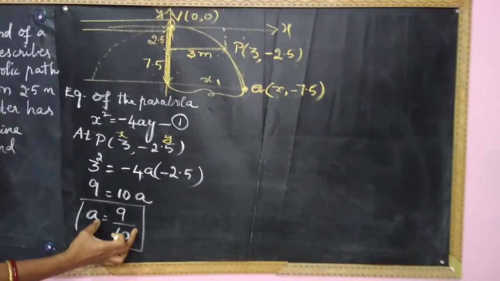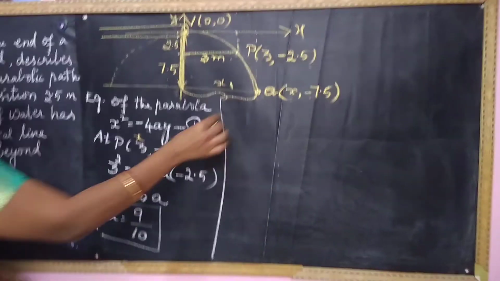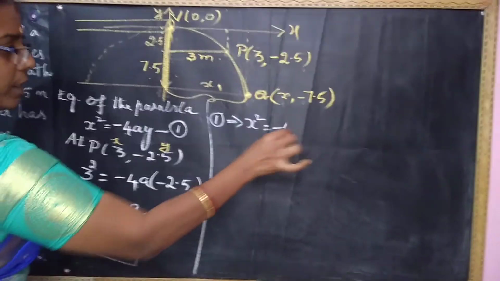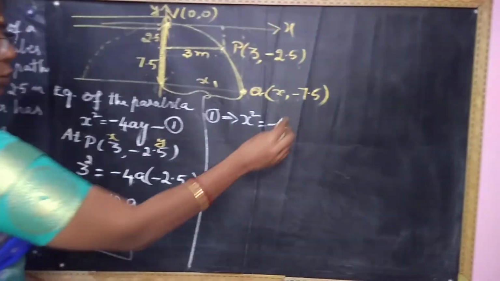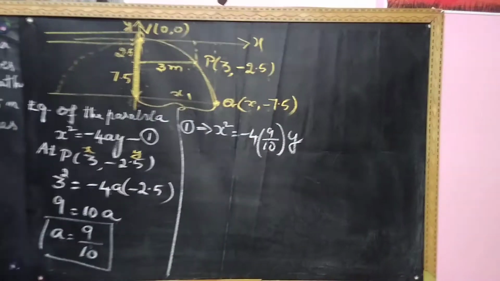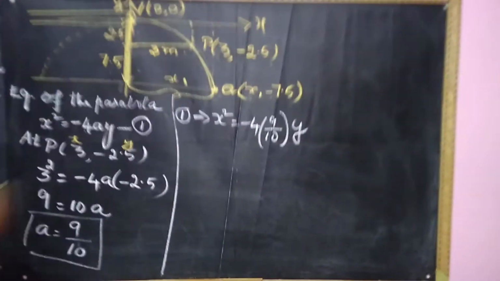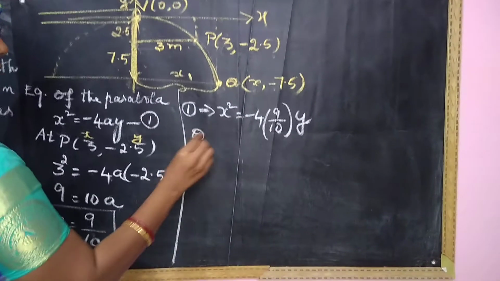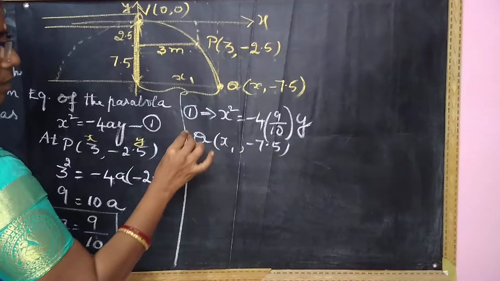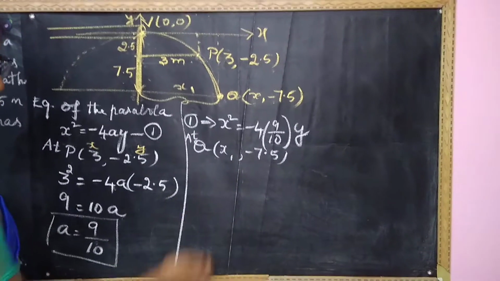Now substitute the value of a is equal to 9 by 10 in equation 1. So equation 1 implies x square is equal to minus 4, and in the place of a, substitute 9 by 10, into y. Now again it passes through the point Q. At the point Q, the coordinates are x1 comma minus 7.5.